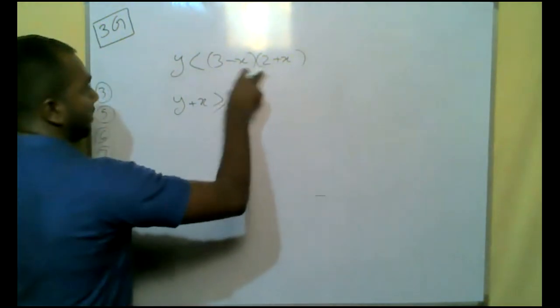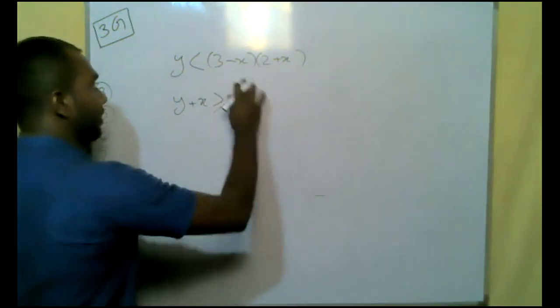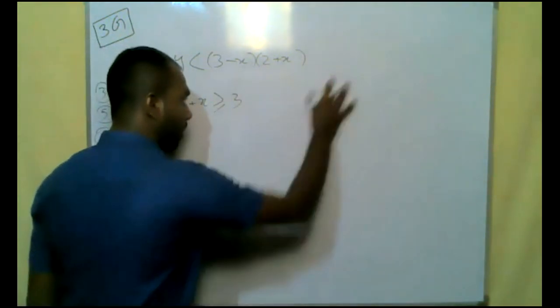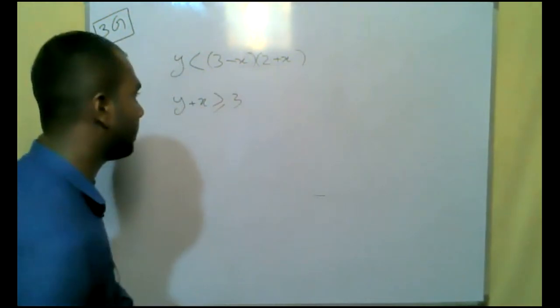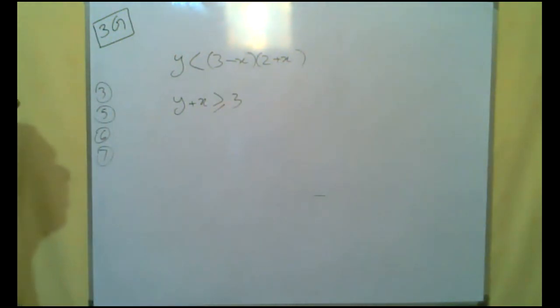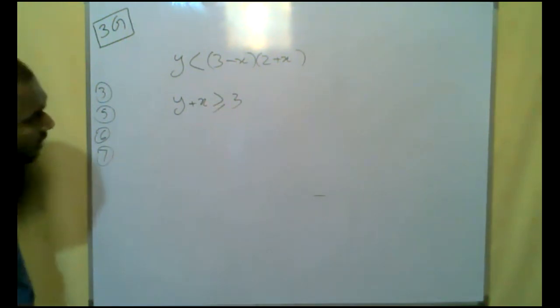This is minus, this is plus, so this is a maximum shape graph, a curve like this. And what will be the maximum point? That is what we have to think about.